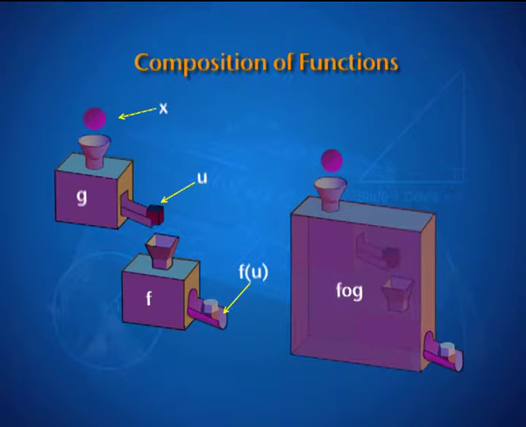Together, as I look at this as the composition, it would mean same as saying that x is the input and what is the output? Represented as f of g of x. That is exactly what we mean by composition of two functions.